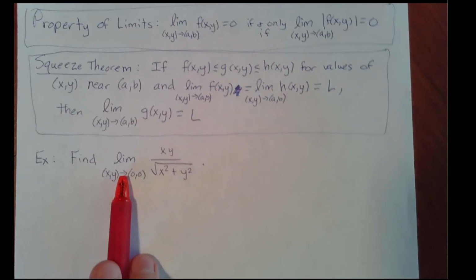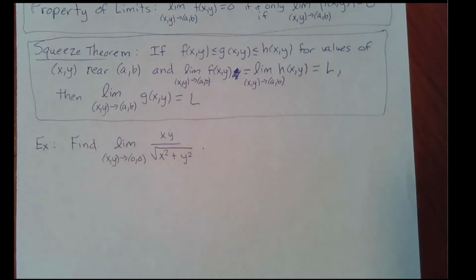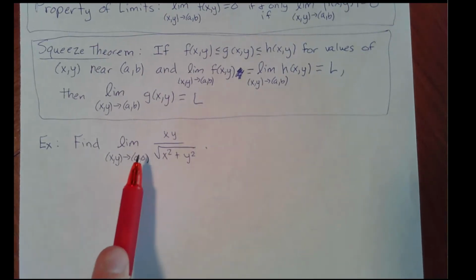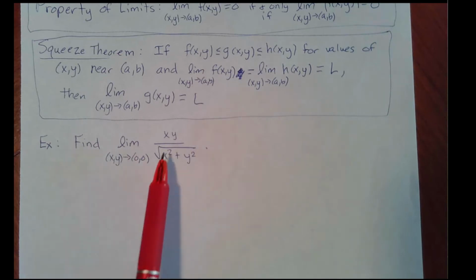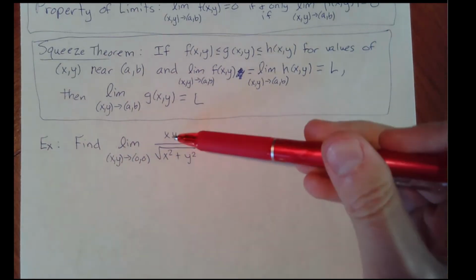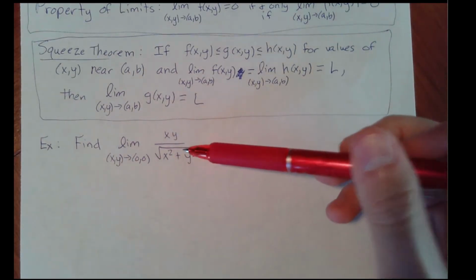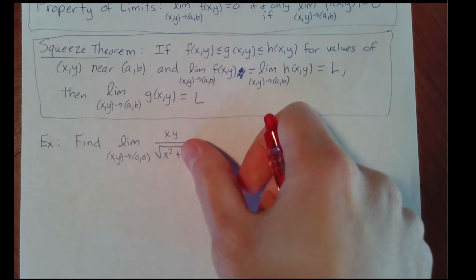So let's find this limit here, the limit of xy over the square root of x squared plus y squared. First thing I want to note is that if we let y equal 0, that would make this numerator equal to 0 and the denominator would just be the square root of x squared.